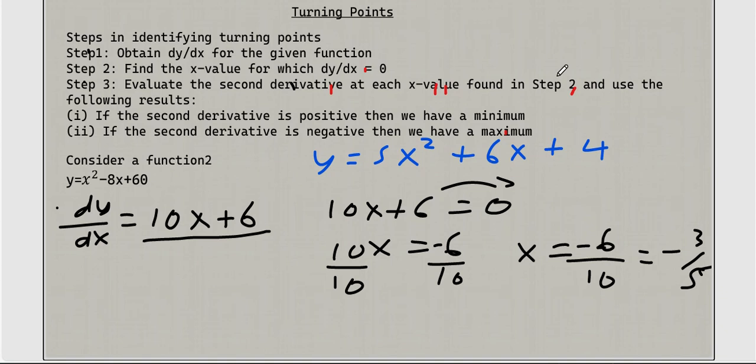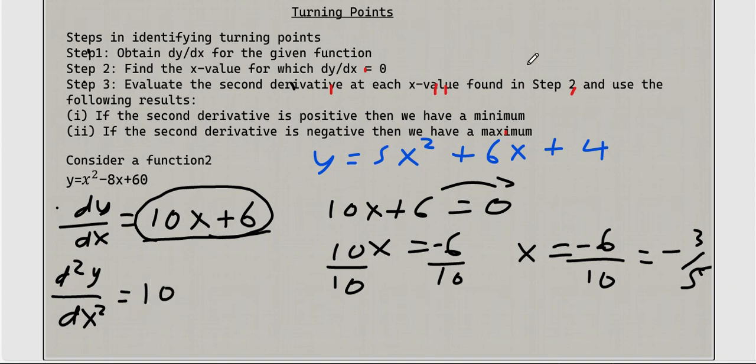Now having gotten that, the next thing you do is get the second derivative of the function. You denote it by d squared y by dx squared. You differentiate this function here, and of course you're going to get 10. So after getting 10, is it a positive value or a negative value?